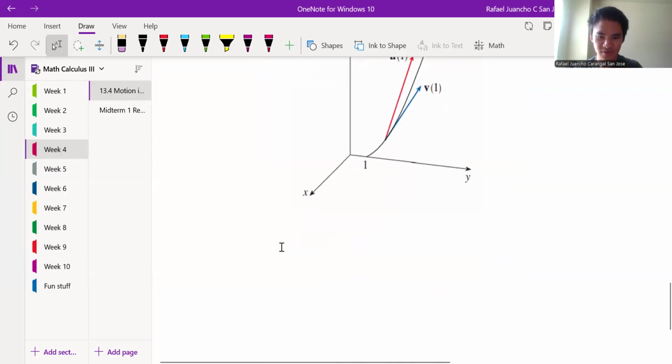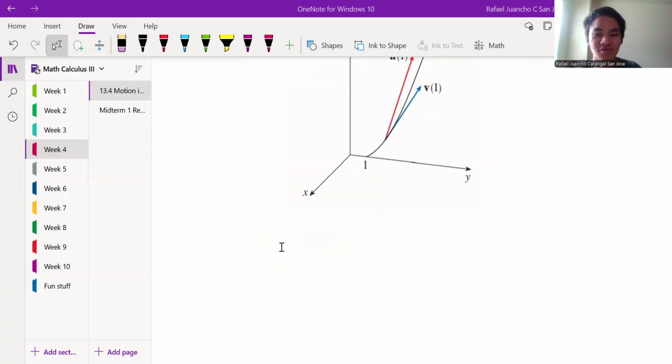Okay, now just a couple of notes. Earlier in the chapter, we saw that a curve can be parameterized in different ways. But the geometric properties of a curve, so its arc length and curvature, are independent of the choice of parameterization. On the other hand, velocity, speed, and acceleration do depend on the parameterizations used.